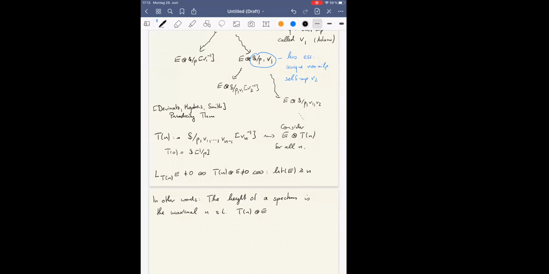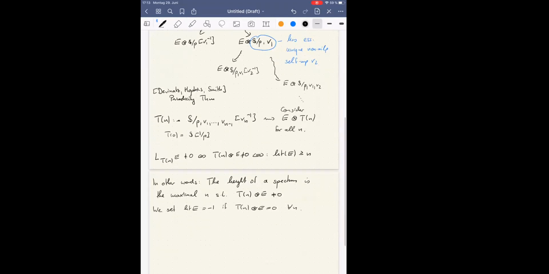Sorry. Okay, this is what I mean, that this is non-zero. So we set the height of E to be -1 if Tn tensor E is 0 for all n, and infinity if it's non-zero for all n, or if non-zero for arbitrarily high n.